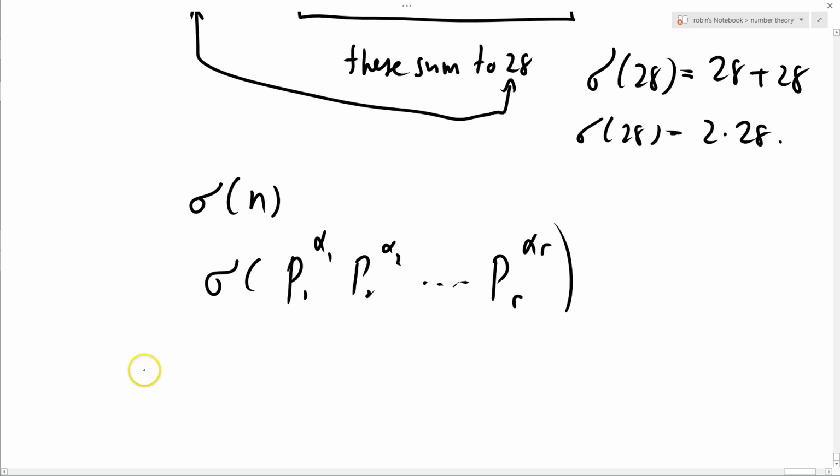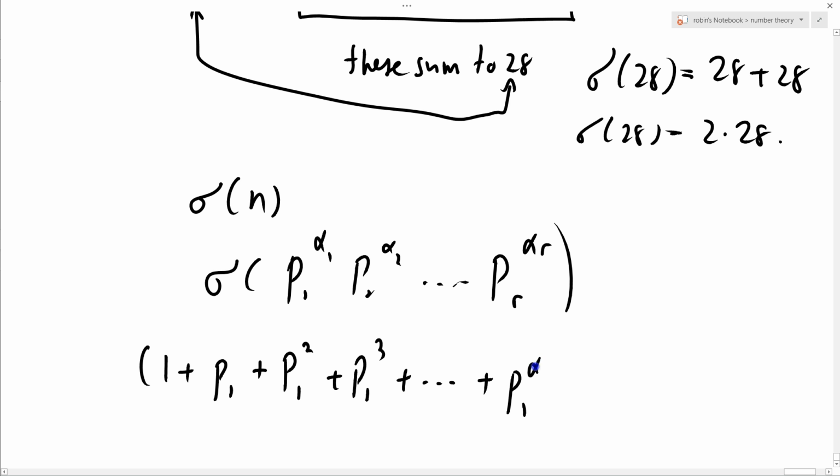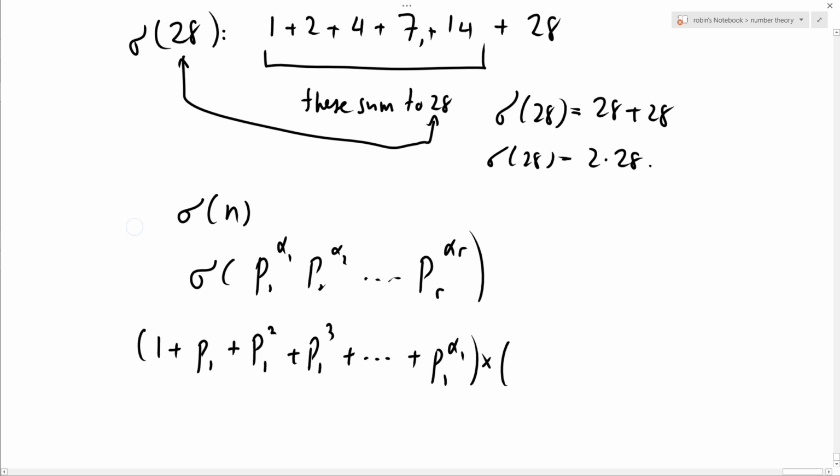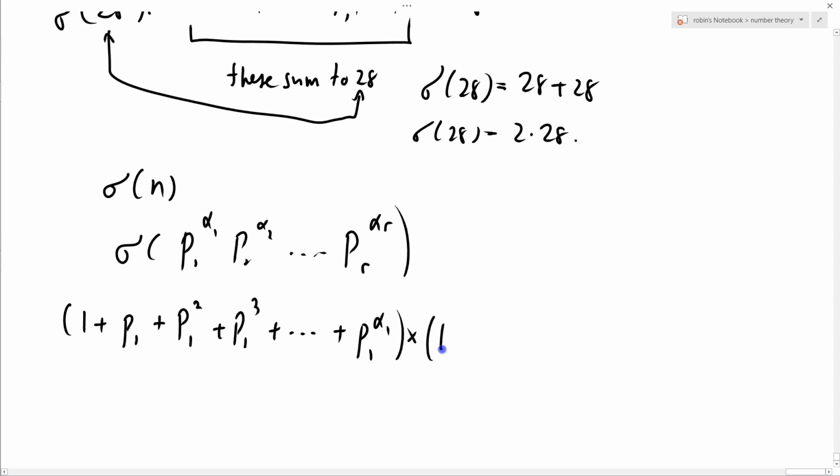Well, we consider the product 1 plus p1 plus p1 squared plus p1 cubed and so on up to p1 to the alpha 1, times 1 plus p2 plus dot dot dot plus p2 to the alpha 2, times all the other similar brackets, times 1 plus pr plus dot dot dot plus pr to the alpha r.